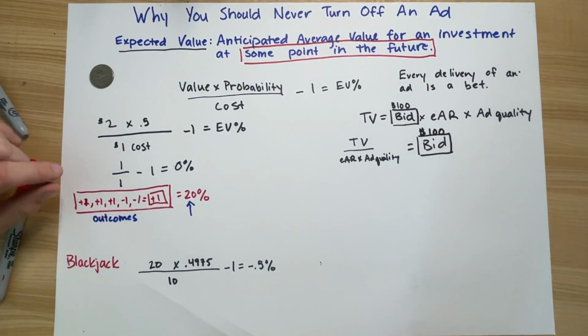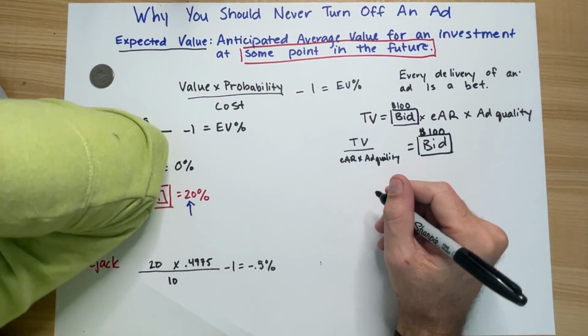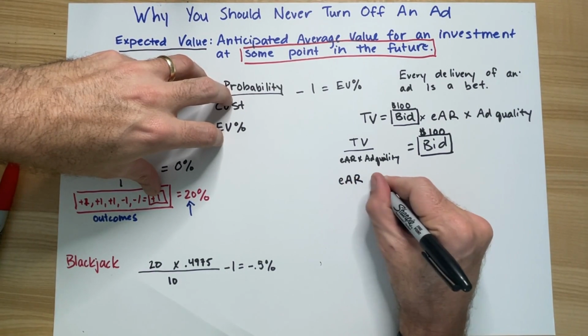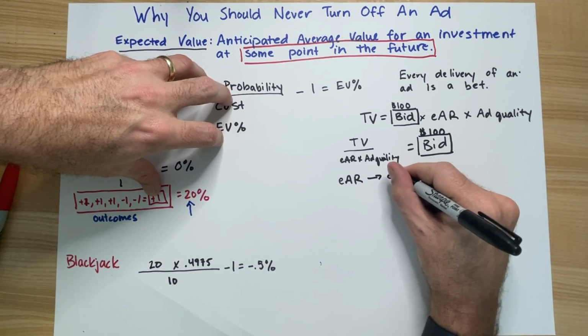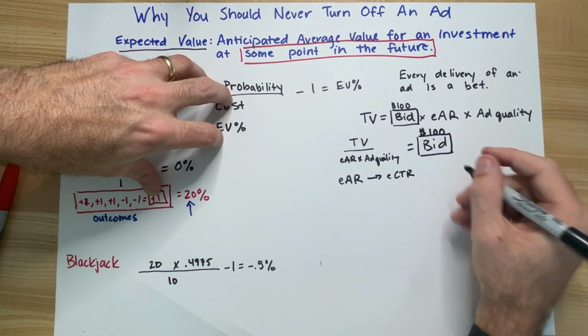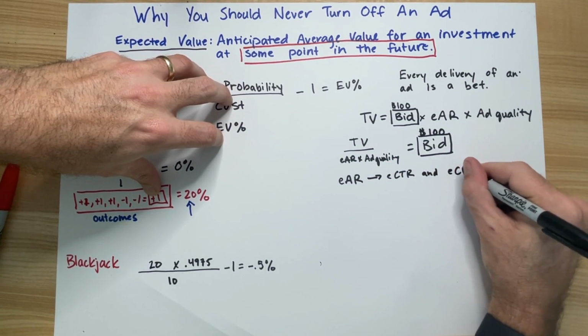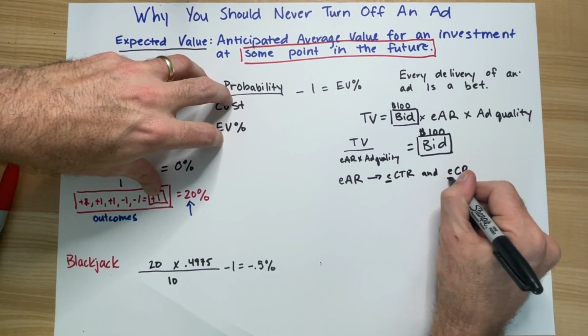Now, what I want us to understand is this idea of estimated action rate. Okay. So in conversion optimization, estimated action rate is made up of two things. Your ECTR, expected click-through rate, and your ECR, your expected conversion rate. These numbers right here, expected.